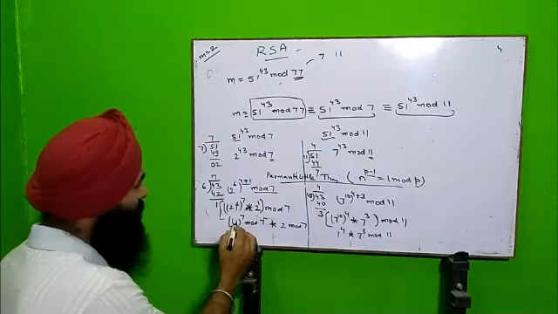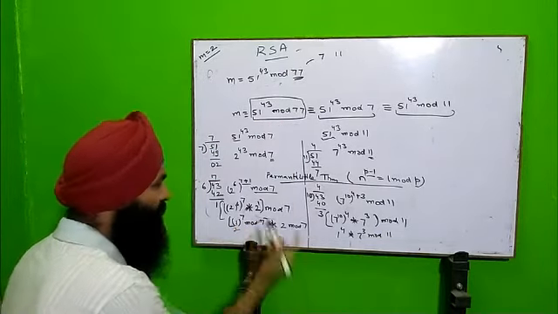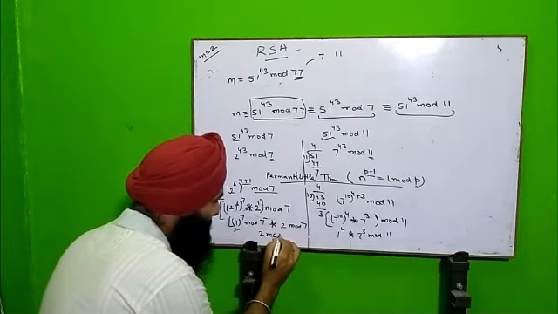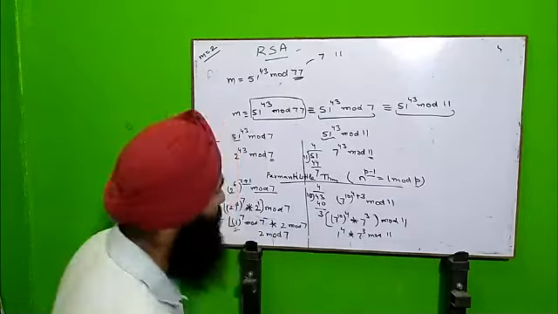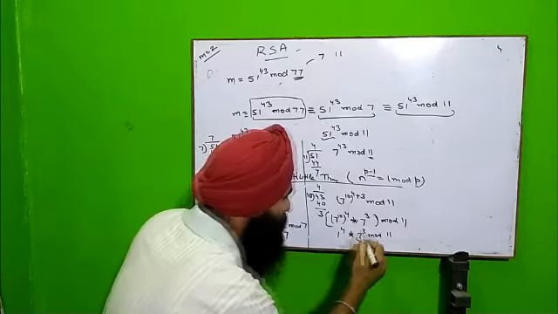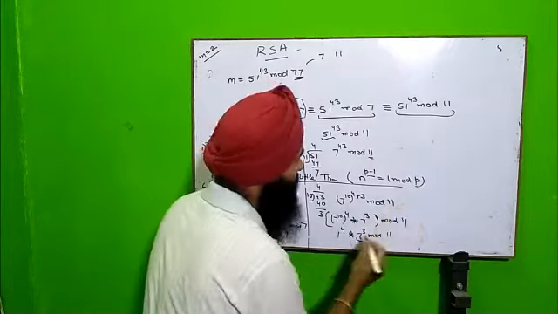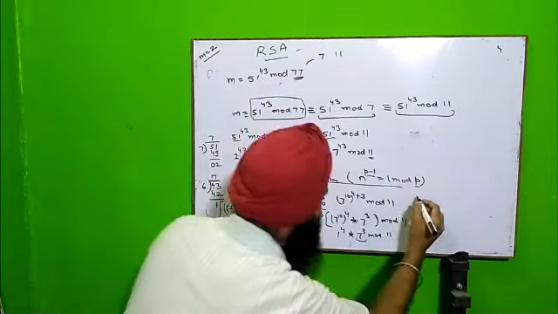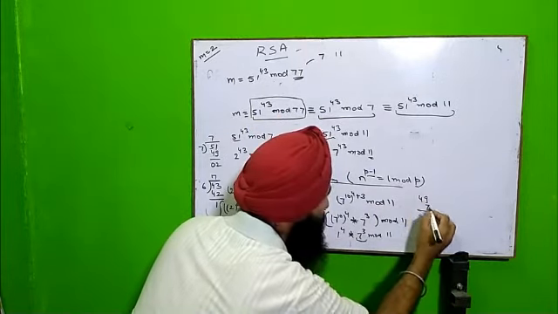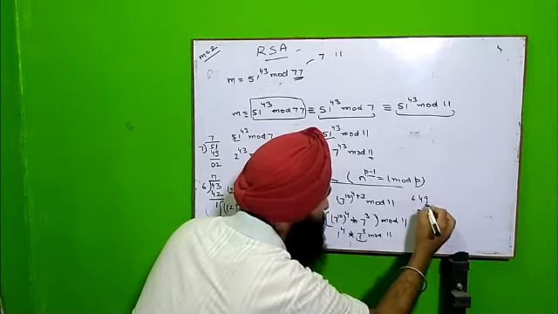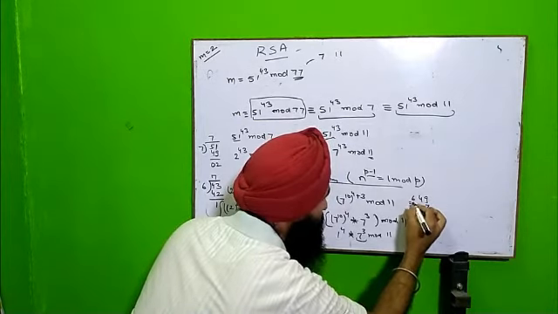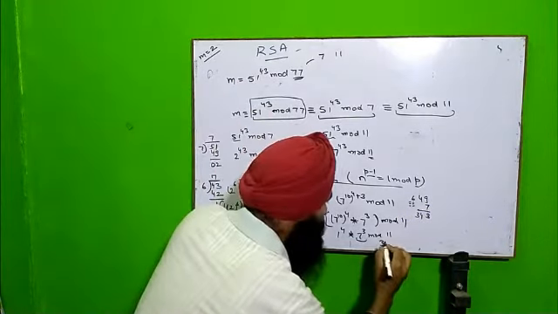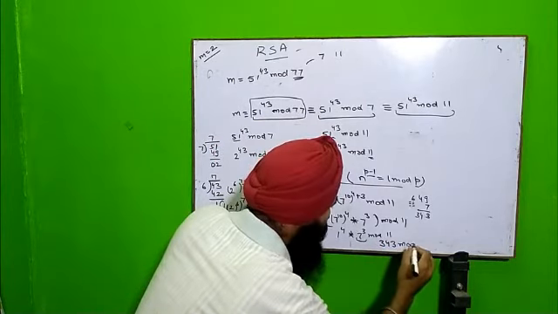So 1 raised to the power 7 is 1, into 2, that would be 2 mod 7, and here we have 7 cubed mod 11. 7 sevens are 49, into 7, 343.